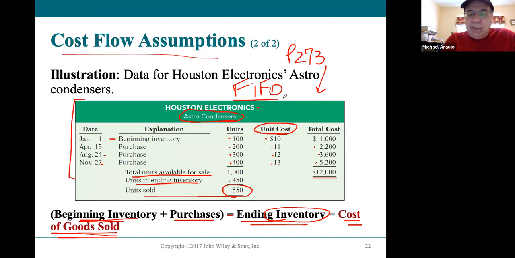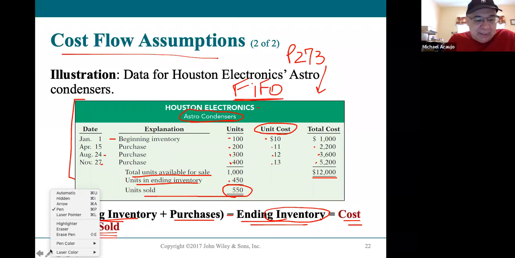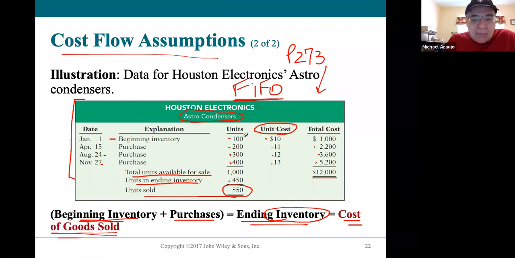Or actually, this is probably a really good name for an accountant's dog, right? Here, FIFO. But nonetheless, putting that aside, in the FIFO method, the first ones in are the first ones sold. And so that's the first out, first one sold.